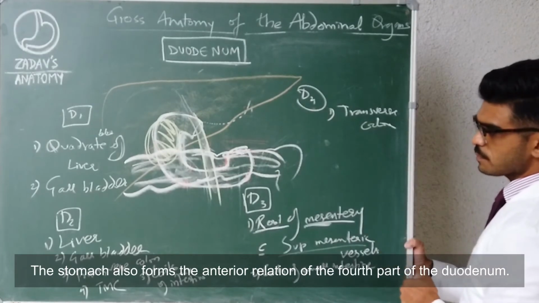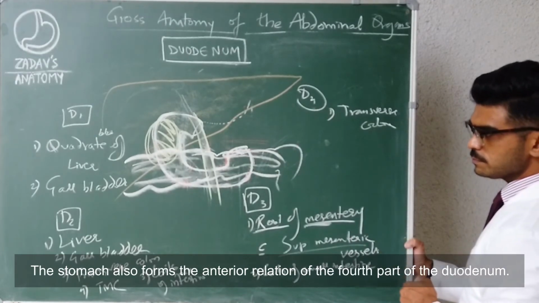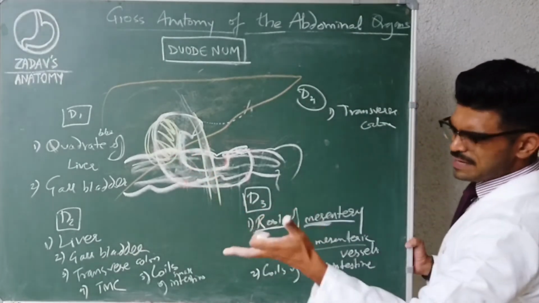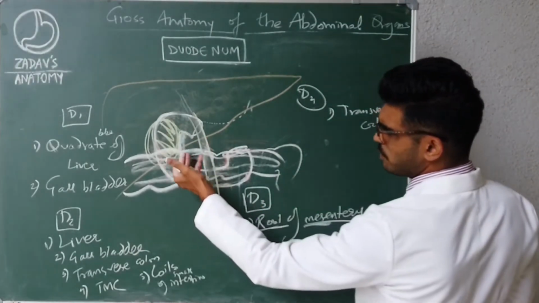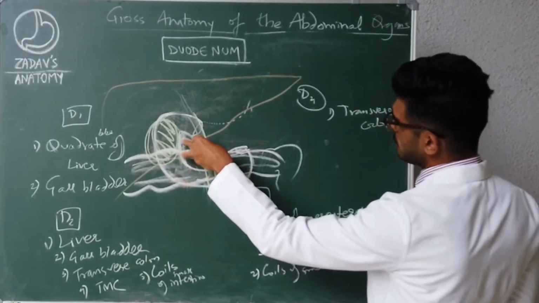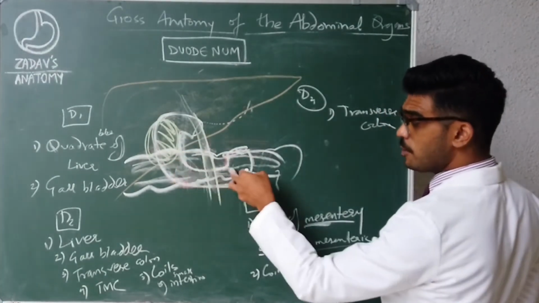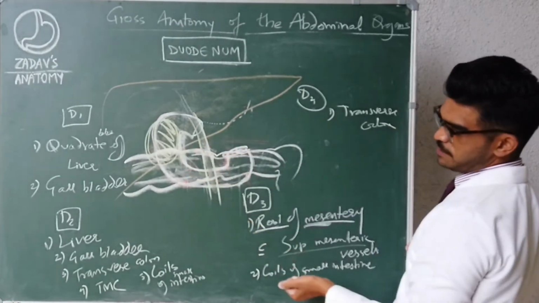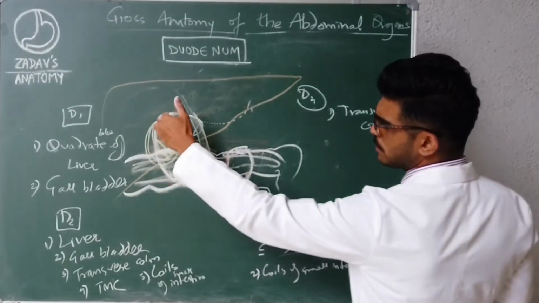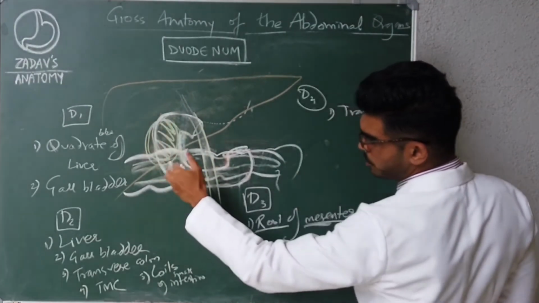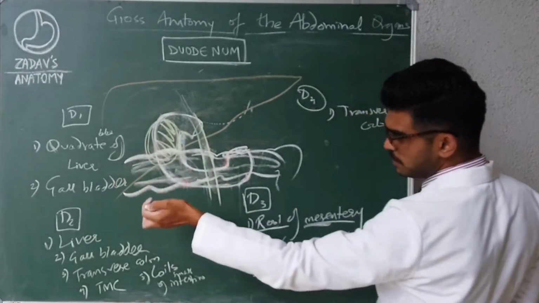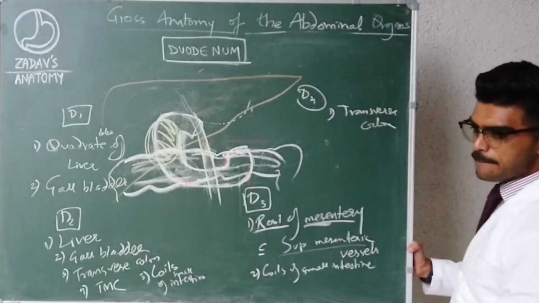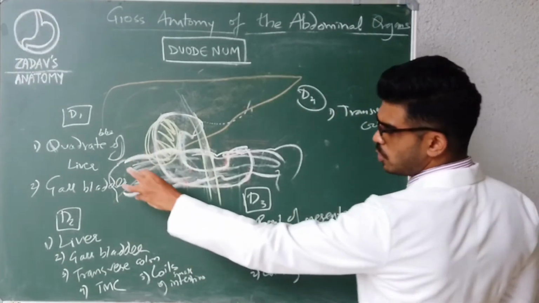Okay, great. Some of the other relations are very simple. For example, the second part of duodenum medially related to the head of the pancreas. The third part of the duodenum superiorly related to the head of the pancreas. The second part of the duodenum laterally is related to, as I said before, the hepatic flexure of the colon.